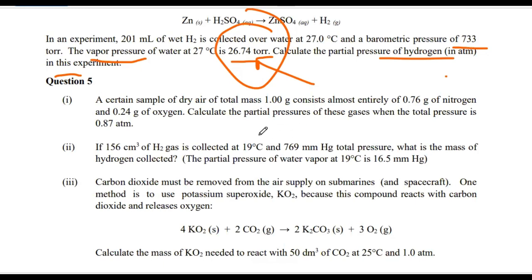No one has an idea, guys? I think you calculate the pressure of oxygen first, for example, then you subtract it from the total pressure, then you find your answer, and then you do the same for nitrogen. All right, we can use that approach.